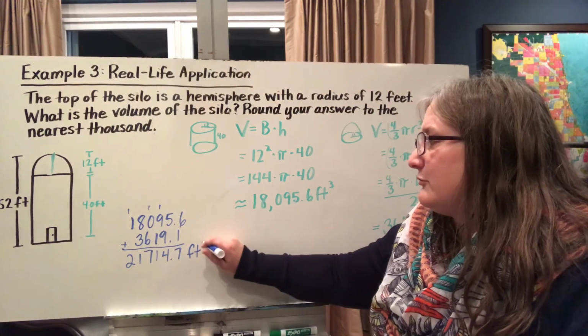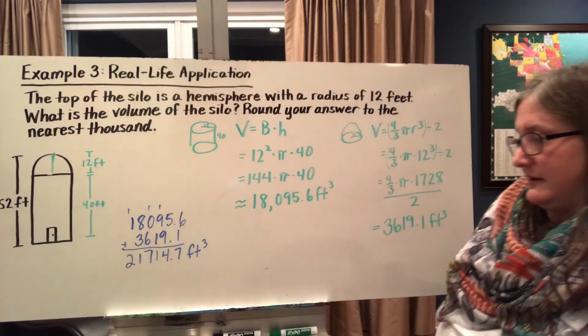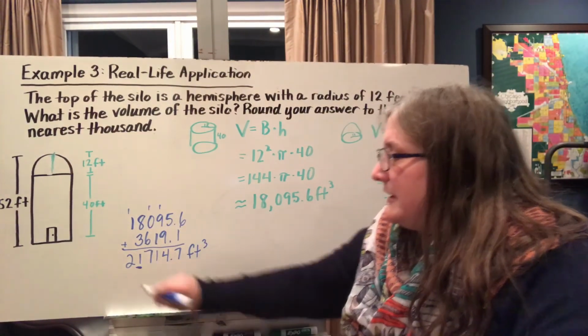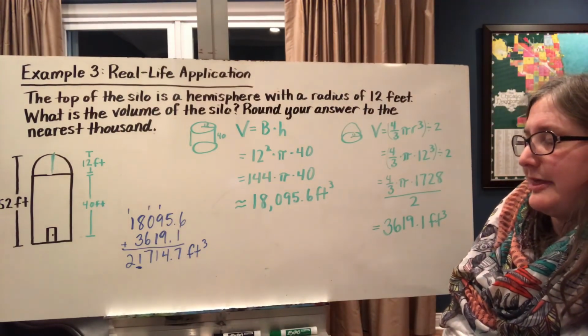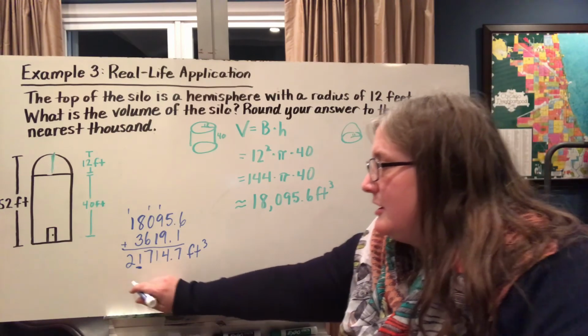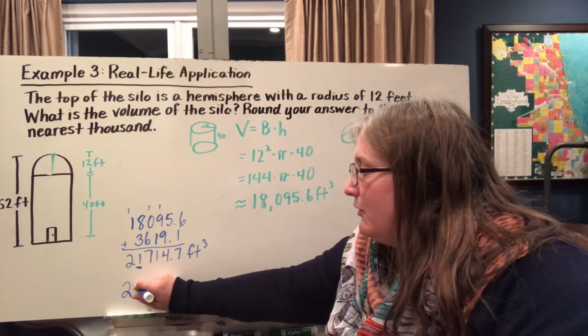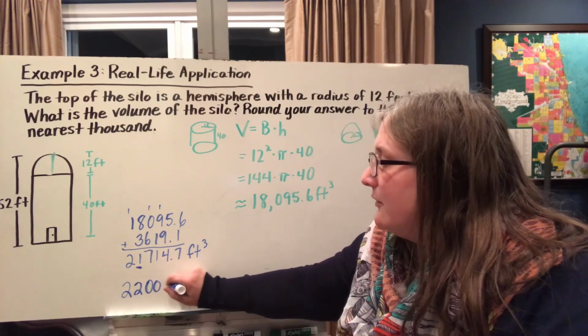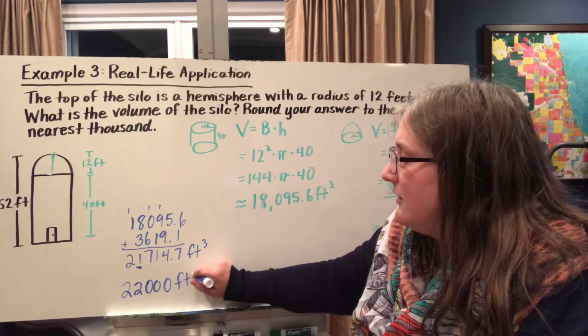Now they asked us to round to the nearest thousand. So here's my thousand place. So it looks like about 21,000, but whenever I'm rounding, I look at the number to the right, and it's a 7. So it's going to round up to, this silo holds about 22,000 feet cubed.